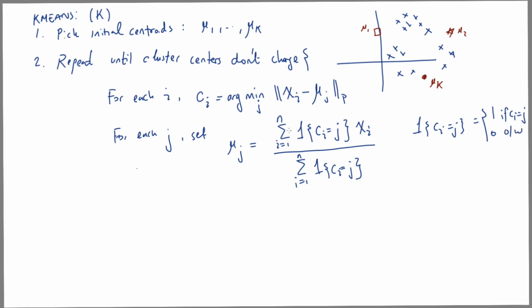So what this is saying is that sum through all the data points and only count the values that are actually belonging to the jth cluster, right? So this is going to be 0 for the xi's in different clusters, and so we don't include them in this. The denominator is the number of points in cluster j. So this is just an average of the xi's in cluster j.